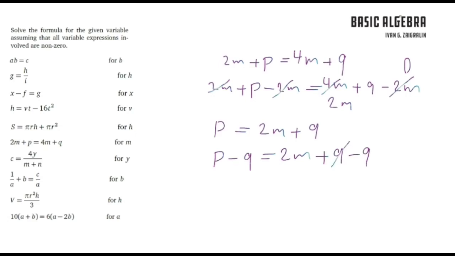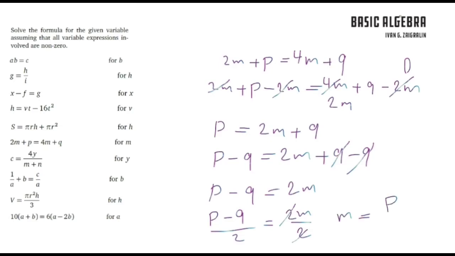So this q goes with this q, and p minus q equals 2m. And finally we divide each side by 2. So p minus q over 2 equals 2m over 2. This 2 goes with this 2, and finally m equals p minus q over 2.